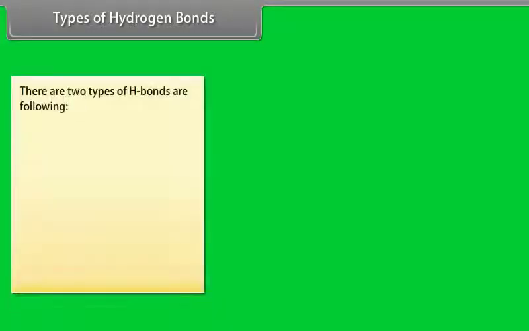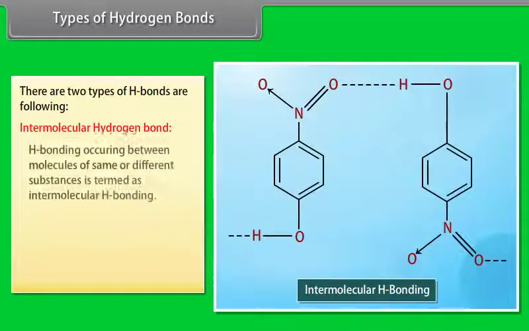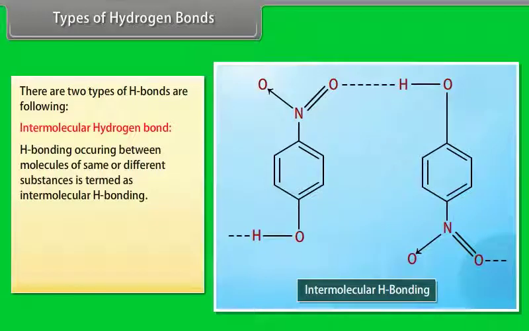Types of hydrogen bonds. There are two types of hydrogen bonds as follows. Intermolecular hydrogen bond. Hydrogen bonding occurring between molecules of the same or different substances is termed as intermolecular hydrogen bonding.